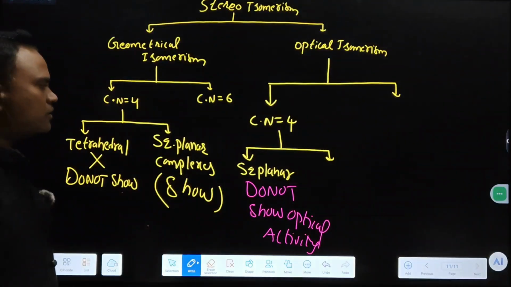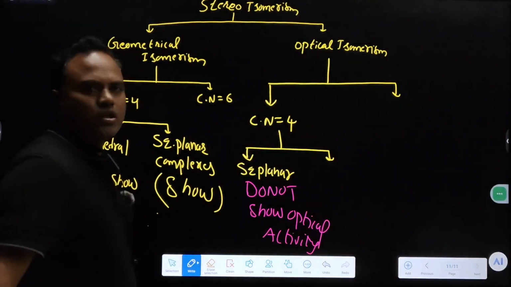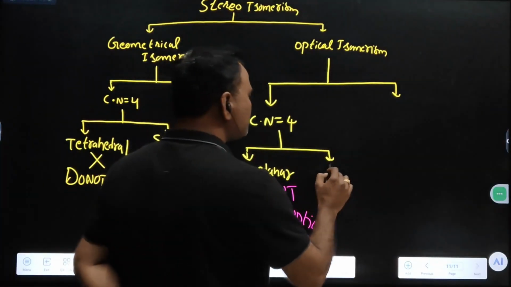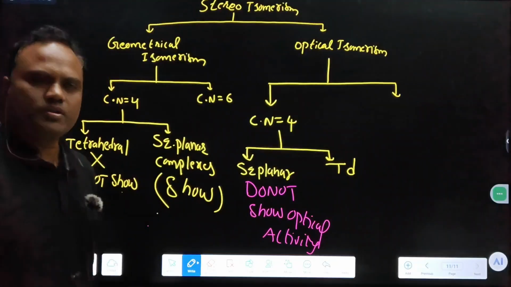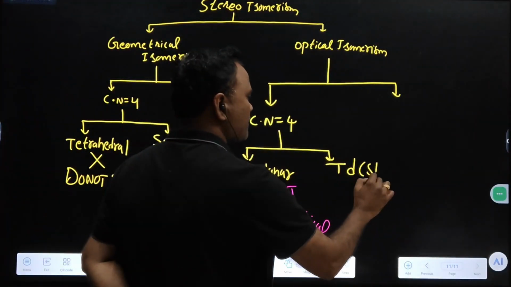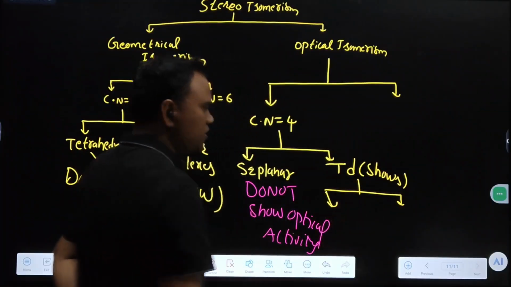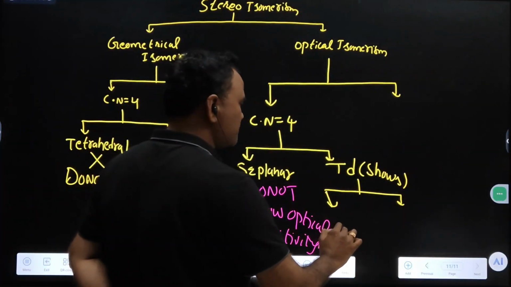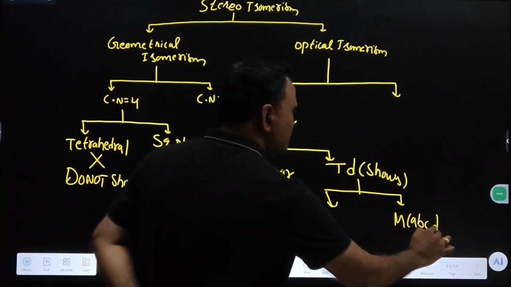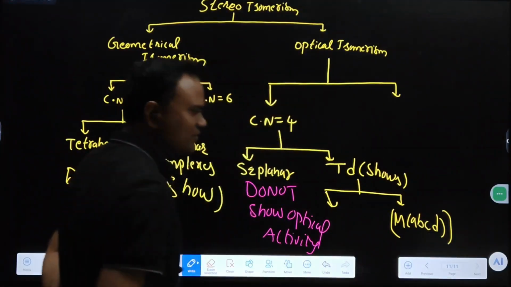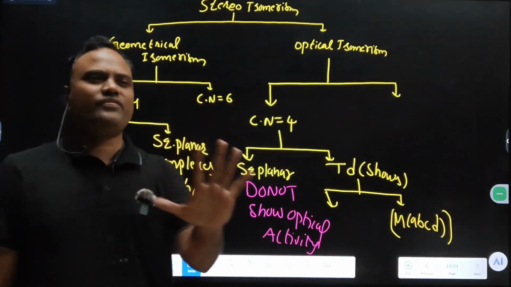Tetrahedral complexes will show optical activity, but on one condition. Very important: a tetrahedral complex shows optical activity when it is present in the format M, A, B, C, D, only 4 different ligands.